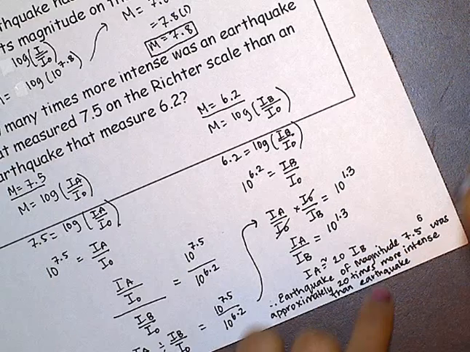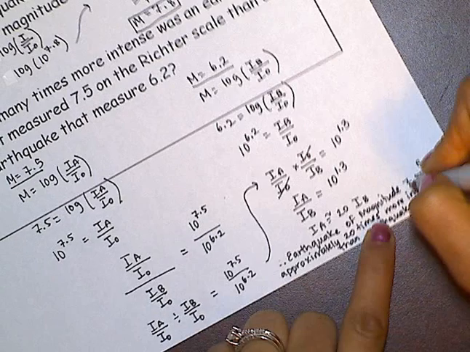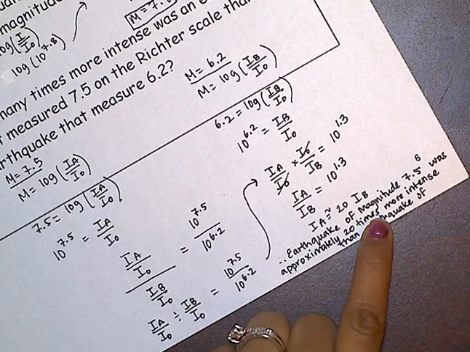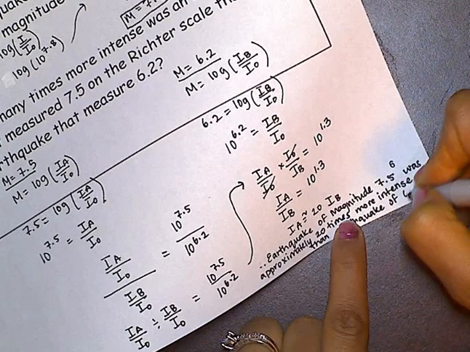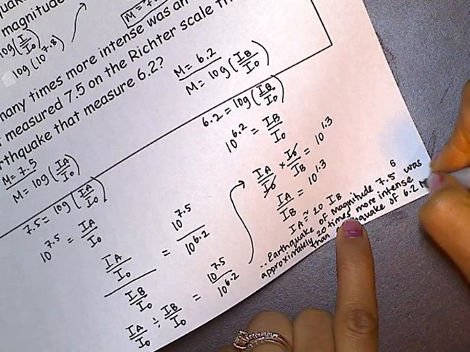I'm going to write the letter M to represent magnitude. Okay, and that basically concludes example number 2.